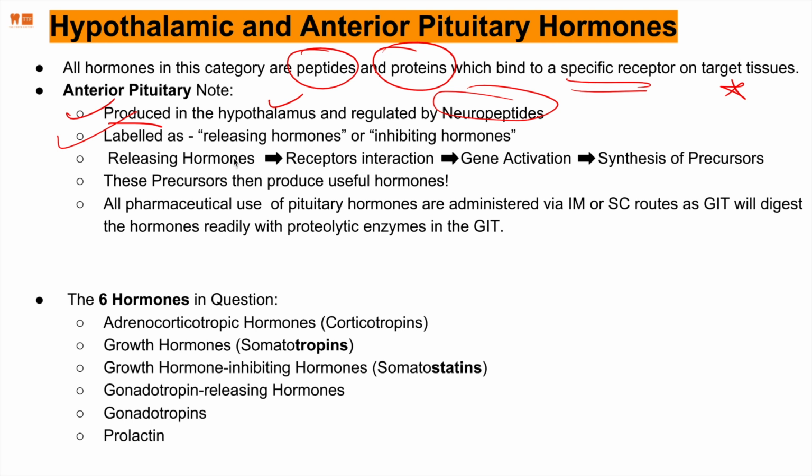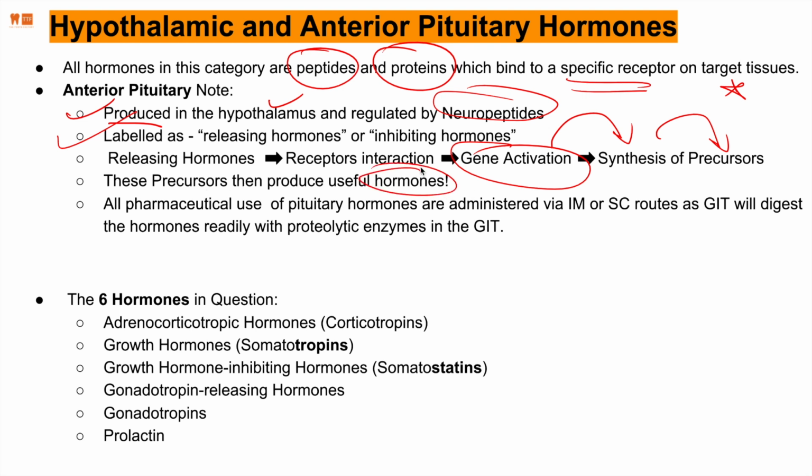Releasing hormones will go to the receptor interactions, lead to gene activation, and then of course a synthesis of precursor hormone. In other words, releasing hormones are basically a way of hypothalamus telling pituitary that, hey, do whatever you have to. If you have to do gene activation, go ahead, but make me a precursor hormone, because these precursors then produce hormones themselves.